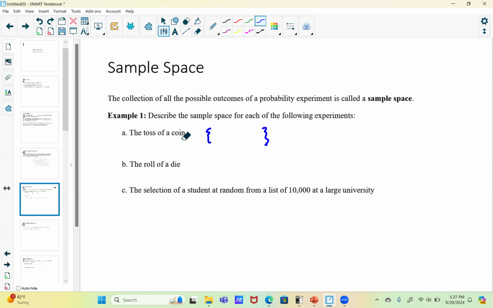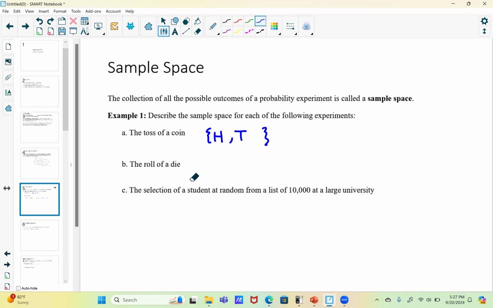So when we flip a coin, what is on a coin? We have 2 options. We could have a head or we could have a tail. Usually we just put H and T. If you want to write out heads and tails, you can, but H and T is good enough. So this is my sample space.